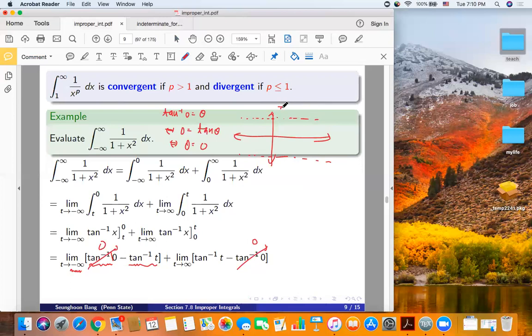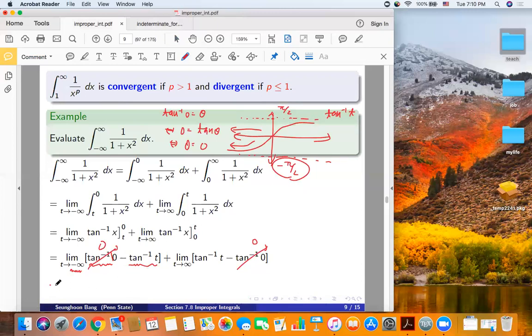Here, the top one is pi by 2, the bottom one is near minus pi by 2. The graph is like this. This function is inverse tangent of t. As the t value approaches minus infinity, the inverse tangent function approaches minus pi by 2.